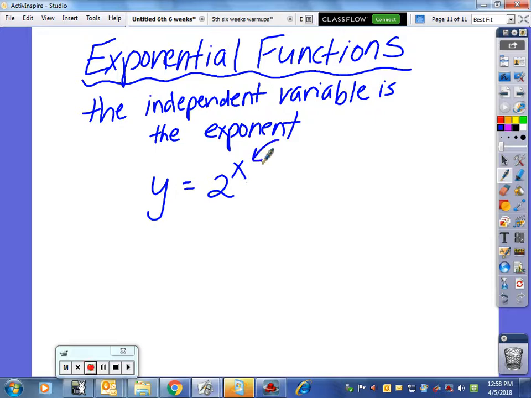X could be anything. The thing that makes this different is the input is where the exponent goes. I'm not squaring the x. The base is 2, and I'm raising it to an x power.